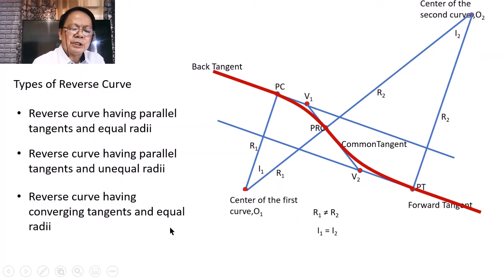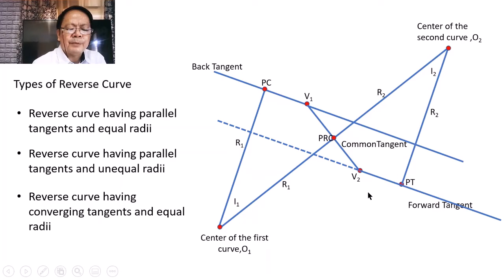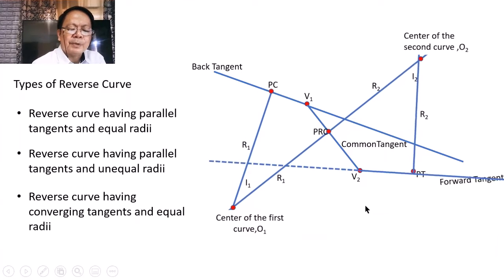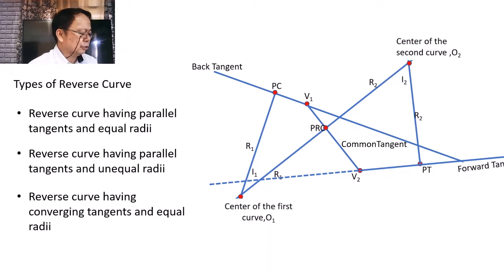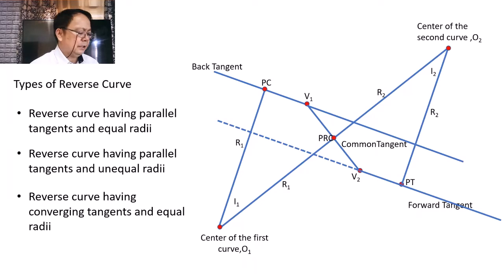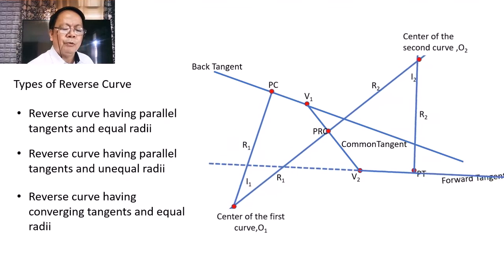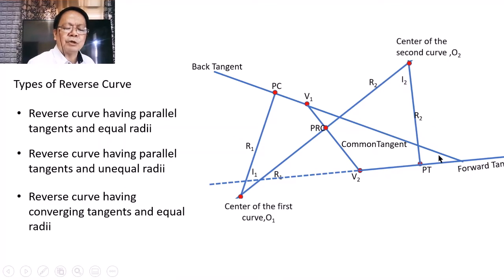Therefore, this is what will happen, pakita natin mabuti, ganyan yung mangyayari. Okay, tingnan nyo, no? Let us show the animation. When the two tangents converge, we shall have here a converging tangent. So, ano ngayon mangyayari sa ating curvature?